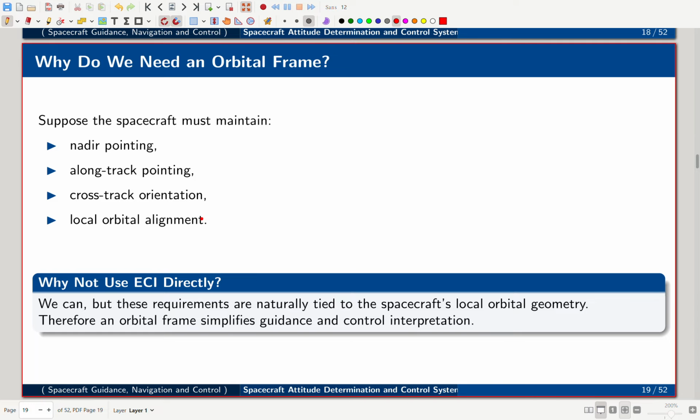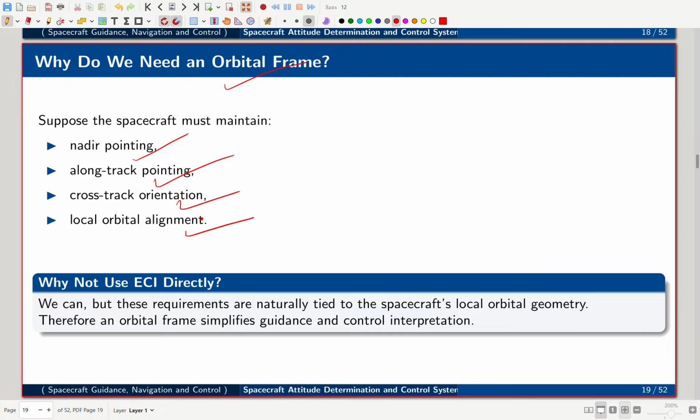So why do we need an orbital frame? Now we move on to one more frame, the orbital frame. This is important from the spacecraft perspective. Suppose the spacecraft must maintain nadir pointing, the lowest point, or zenith pointing, the top, along-track pointing, cross-track orientation, and local orbital alignment.